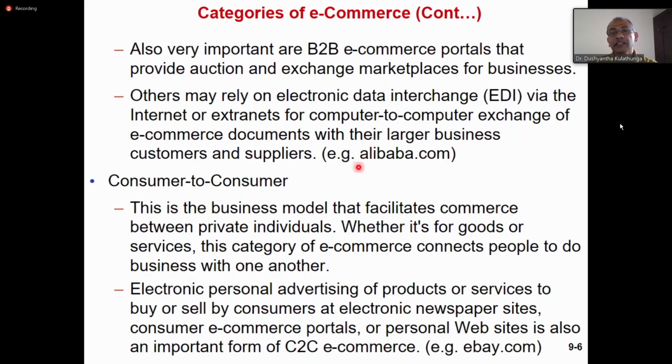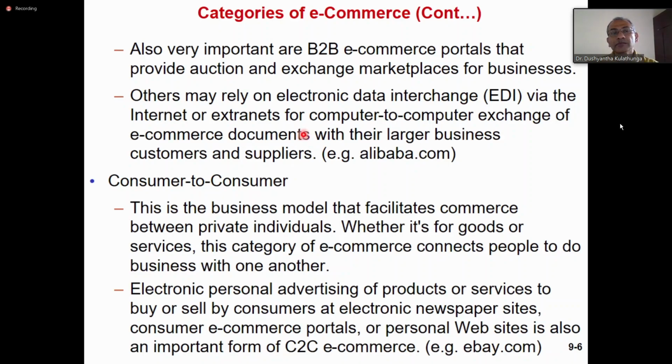Alibaba is an independent party which has created this marketplace, enabling a large number of buyers and sellers to connect with each other. When a transaction takes place, they will charge a commission, usually from the seller. That is the income for this organization.